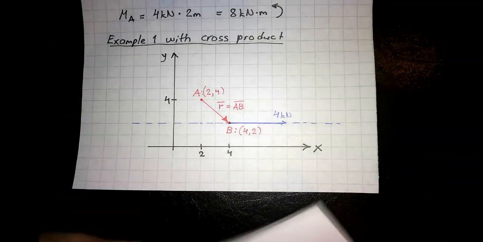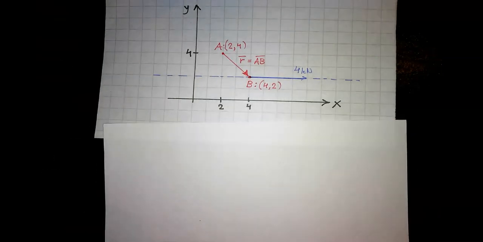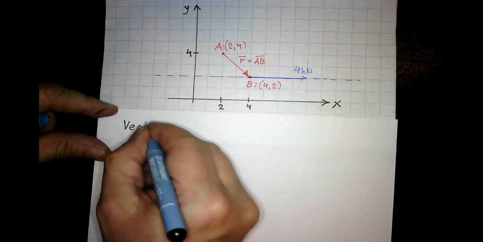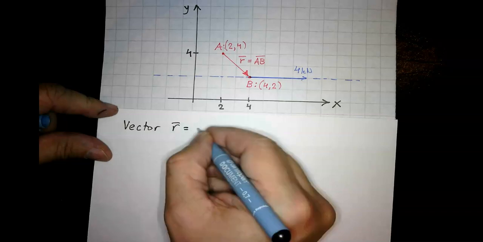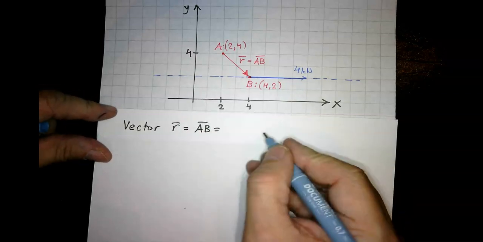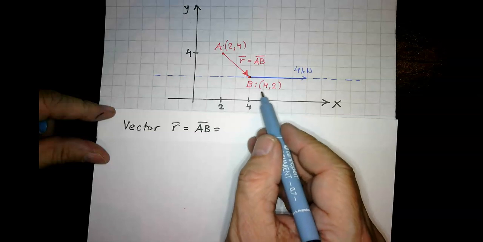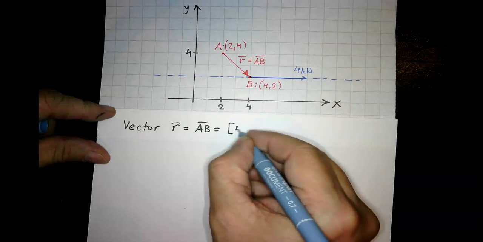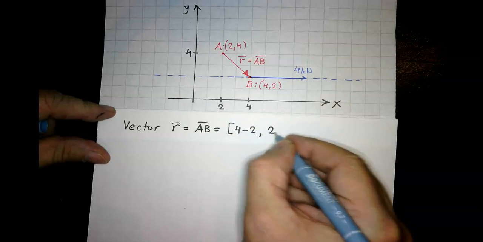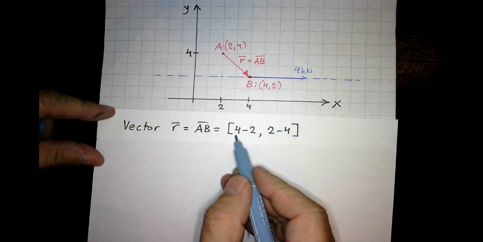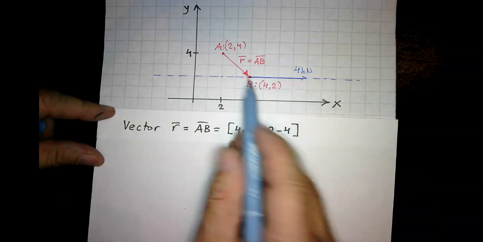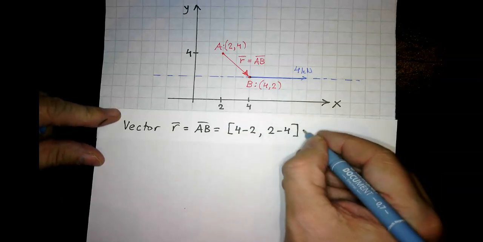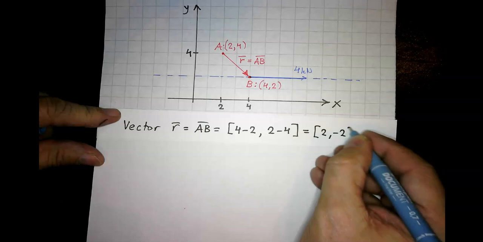So now this vector R, or the vector AB, is the coordinates of B minus the coordinates of A, so that will be 4 minus 2 and 2 minus 4. B minus A: 4 minus 2, 2 minus 4, that will be 2 and minus 2.